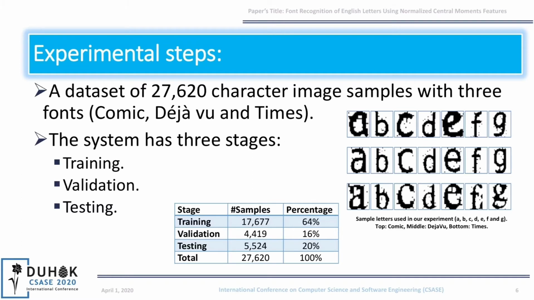As mentioned before, we use support vector machine (SVM) as a classifier, which is a supervised learning algorithm. Our data are non-linearly separable. That's why we use the RBF kernel to train the model and identify the font class.